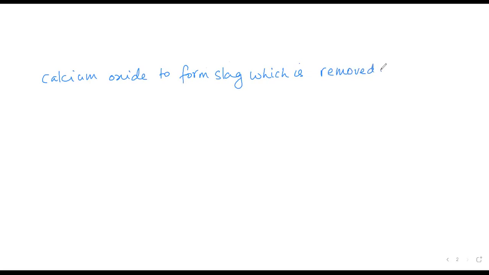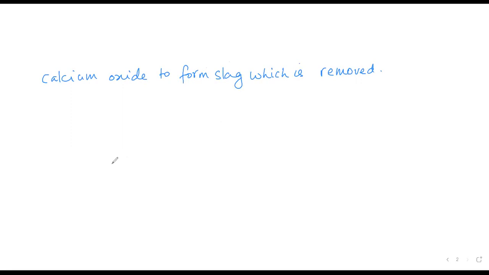Okay, so this is how you write the answer for question number 3B. Basically all the 4 non-metals are converted to oxides and then they are removed from the molten iron. That is the meaning here.